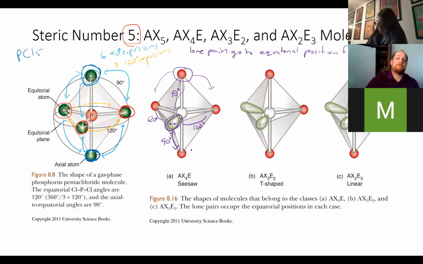Okay. Now, the shapes that you get out of these are going to be, well, when all of the surrounding atoms are the same, the electron geometry, and actually for all of these the electron geometry, is trigonal bipyramidal.